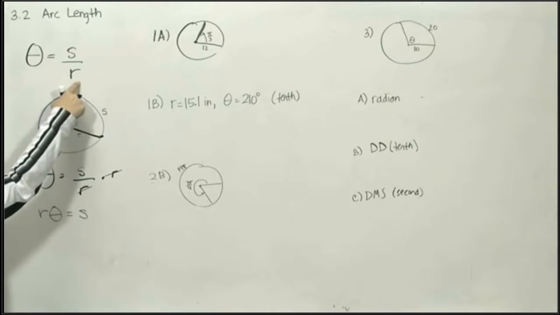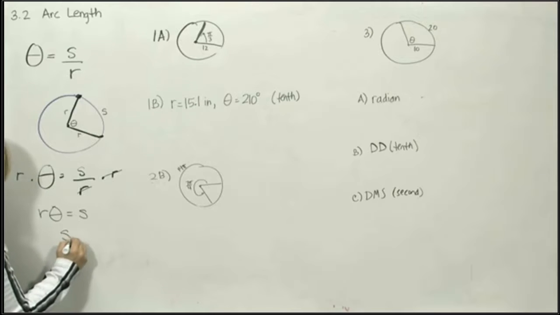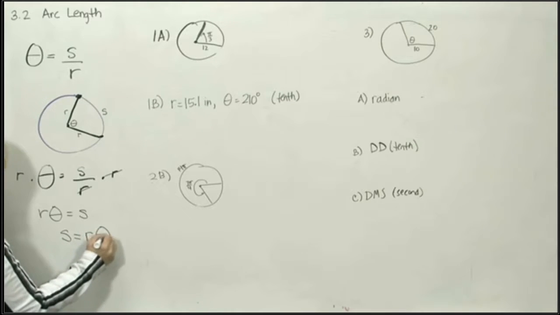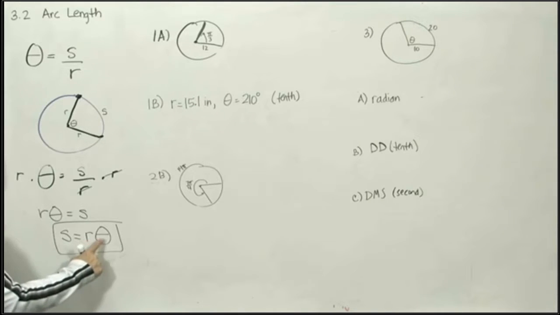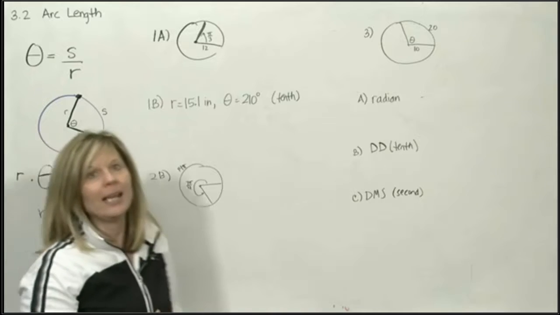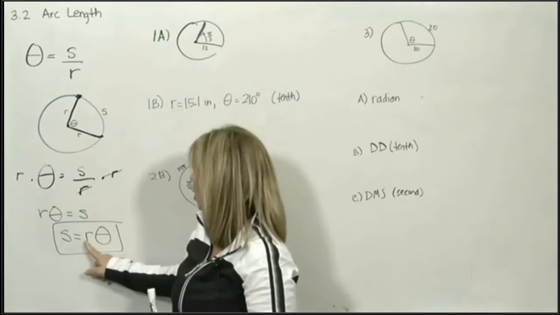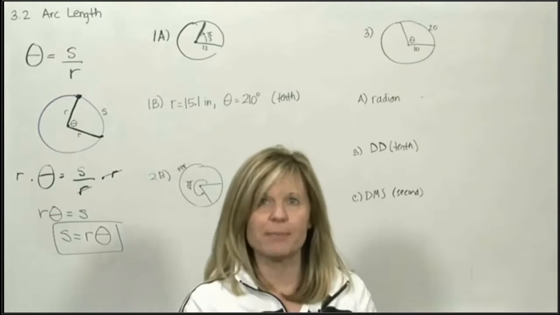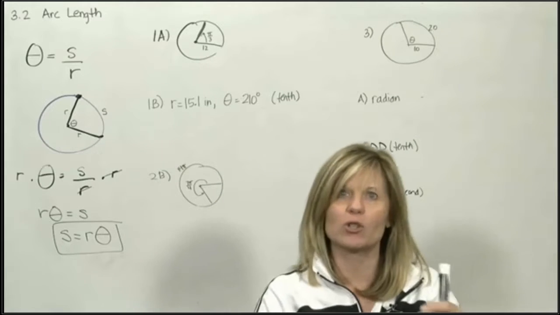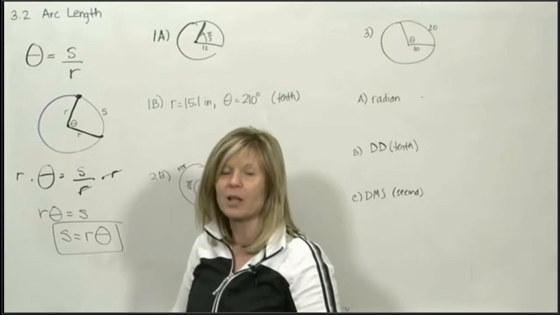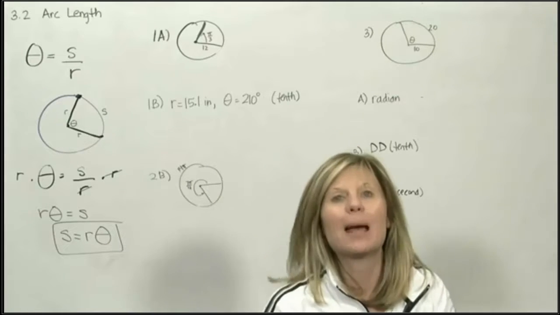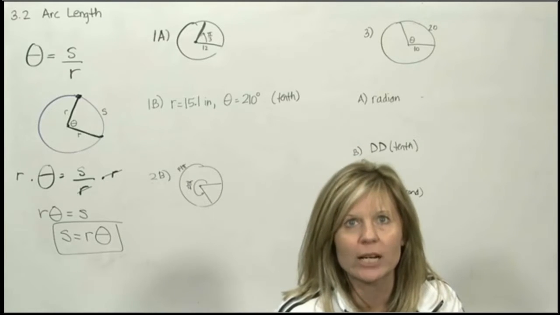So you can rewrite this formula as S equals R times theta, which in words is the length of the arc equals the length of the radius times the angle. Here's the catch. A radius is a length. It's measured in inches or feet or yards or meters. If that's a length measurement and you have to multiply it by theta, an angle, you can't multiply a length in inches by degrees.